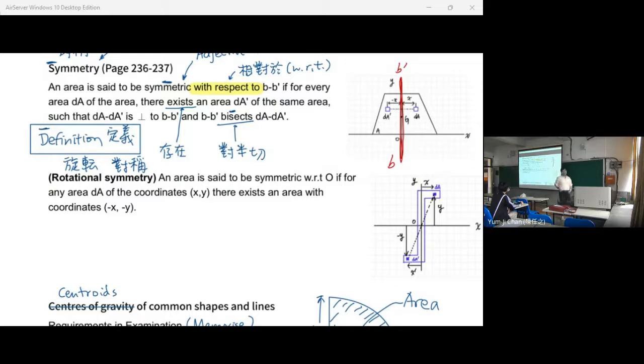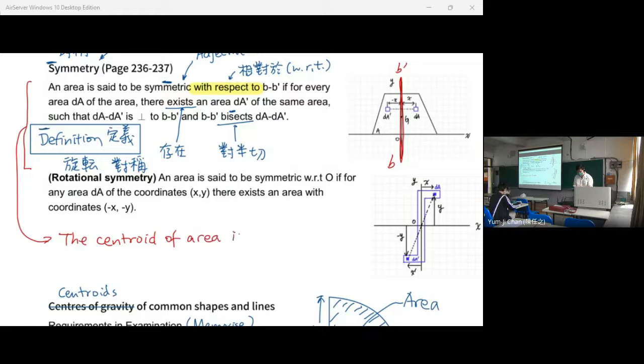But what is its relationship with the centroid? For symmetry, if the line of symmetry is B and B prime, the centroid of area is located on B and B prime.